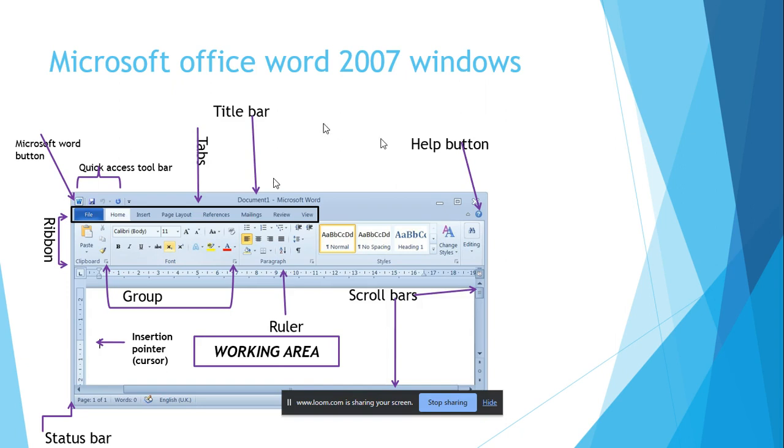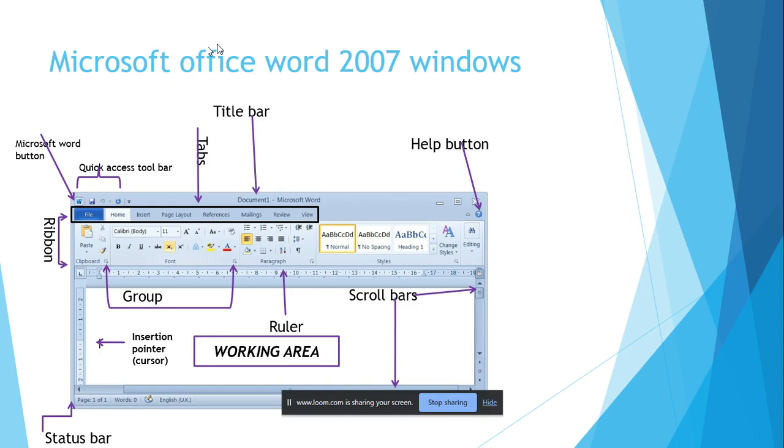So we have the very first part of the Window, which is known as the title bar. The title bar contains the title or the name of the program and the file created by that program. Anytime you open a program, it creates something referred to as a file.